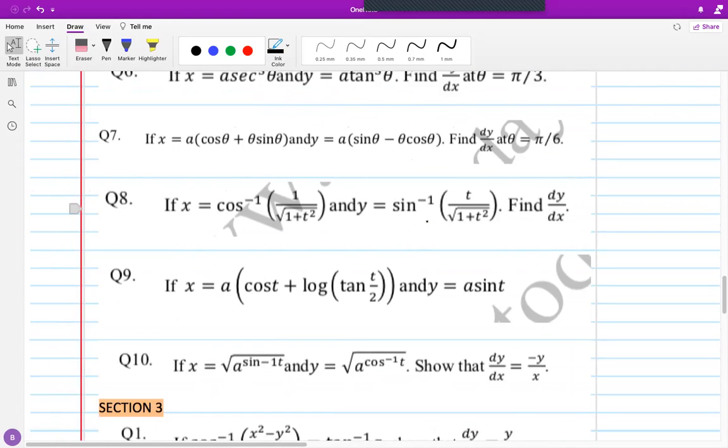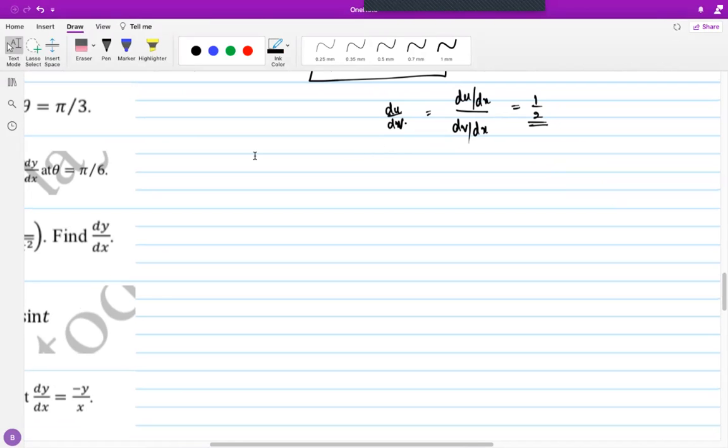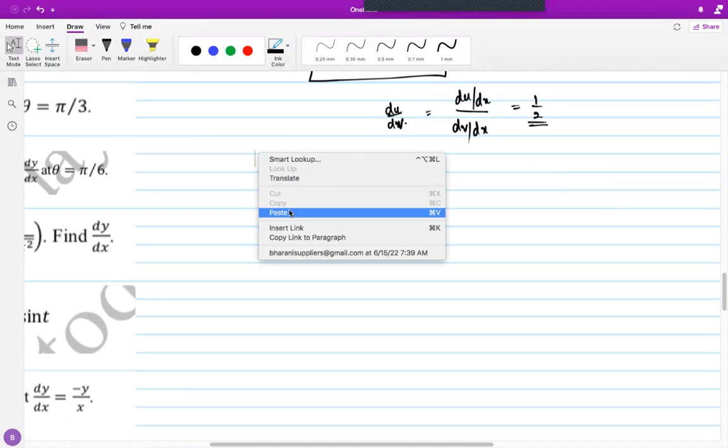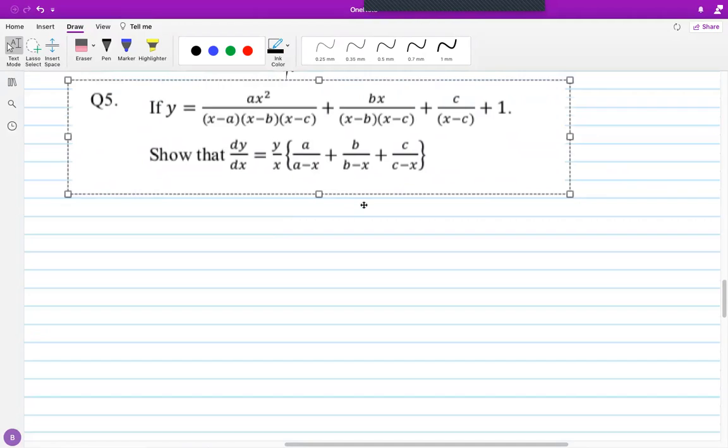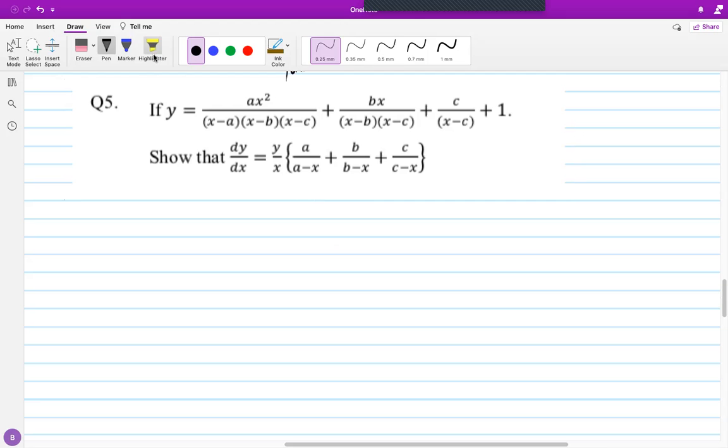Next, fifth question, students, fifth question. So I'm going to do the fifth question. Listen to this question carefully. We need to show this: dy by dx, y by x, a divided by a minus x, b divided by b minus x, c divided by c minus x.